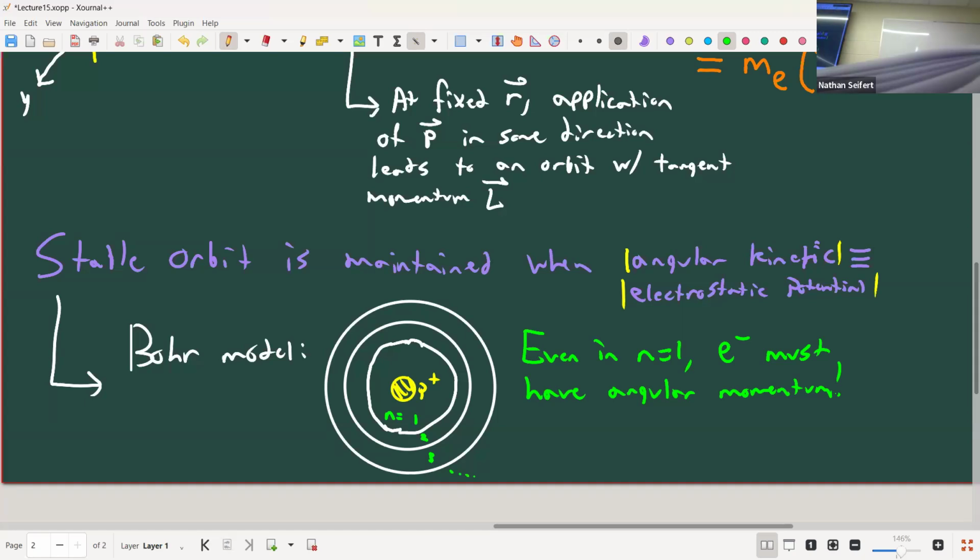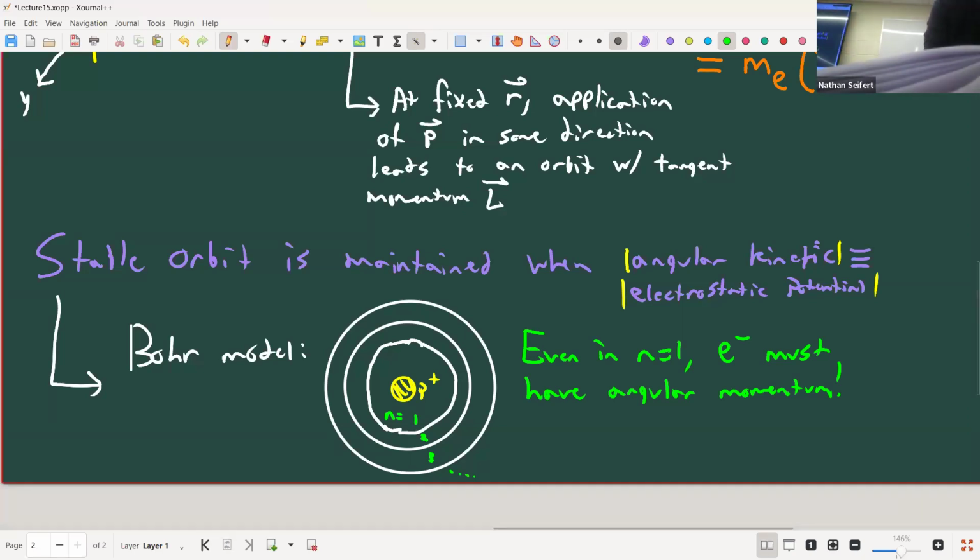This model is fundamentally flawed in a number of ways. It does predict some things about hydrogen, but it predicts them for the wrong reason, because by this argument the electron always has to have angular momentum, no matter what energy it's at. It always has to be spinning.